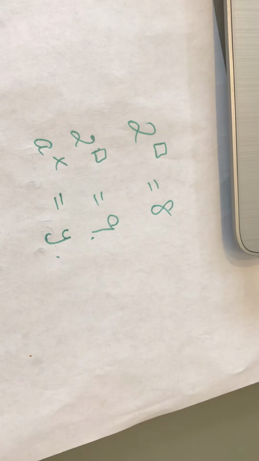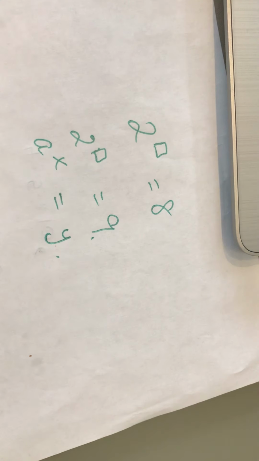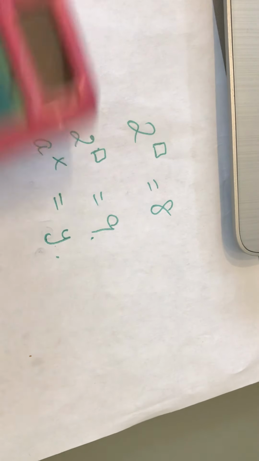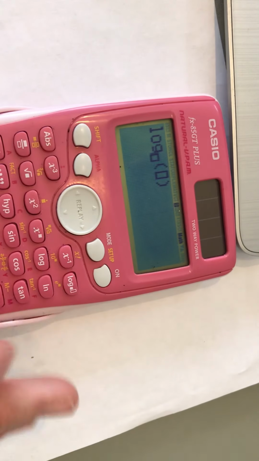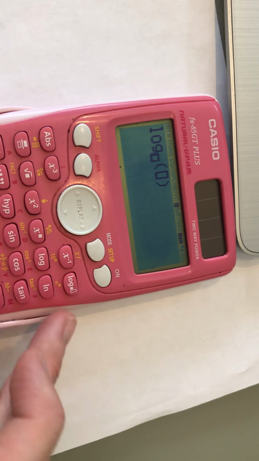Off you go to your calculator. Okay. Now we have 3 log buttons here. We're dealing with this one first. On the new calculator there should be 3 log buttons as well. We're just dealing with the top one first.